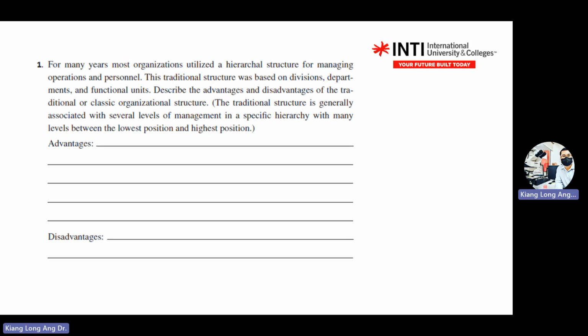This is a traditional hierarchy diagram. What do you think? What are the advantages and disadvantages?